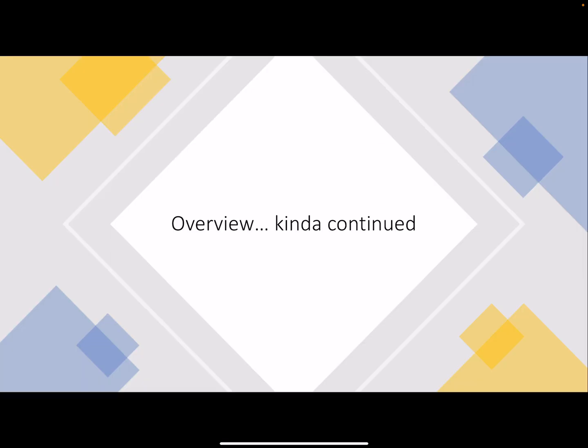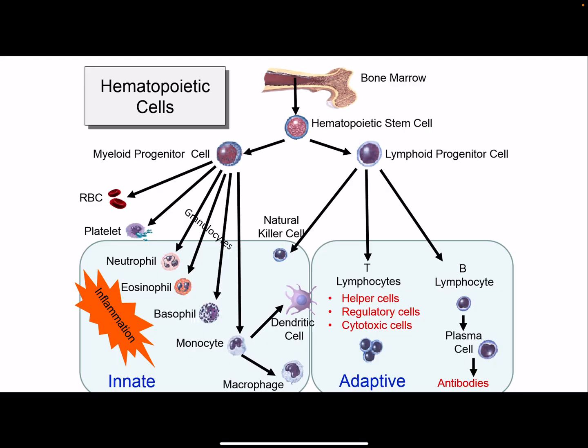All right, continuing the overview, and then we're going to get into a lot of the newer specifics, that's the new material. All of our immune cells are going to be made in the bone marrow by hematopoietic stem cells. They have 2 major branches that they can differentiate into, the myeloid and the lymphoid.